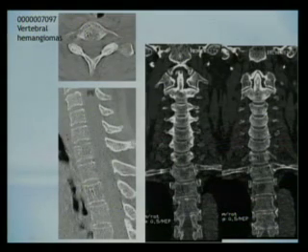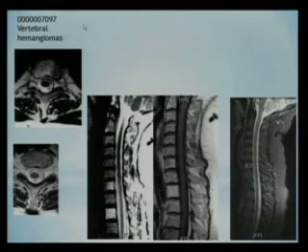Looks like a jail window with these bars here. Those are vertebral hemangiomas. And then of course if you cut across, all you see is dots like here. And they can look quite striking on MRI.